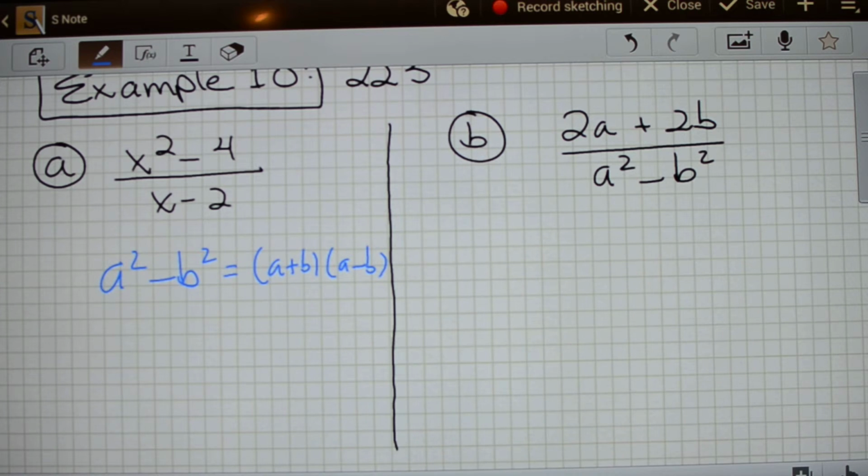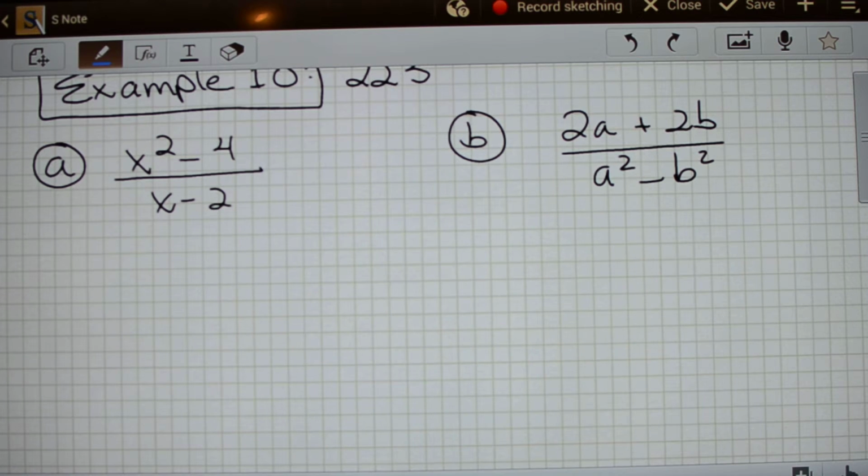So remember, this is 2 squared. So on the top, it's going to be x plus 2 times x minus 2.